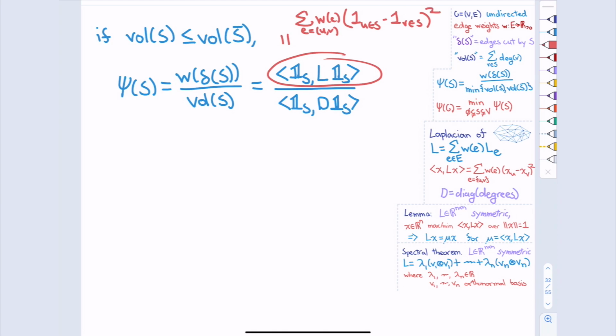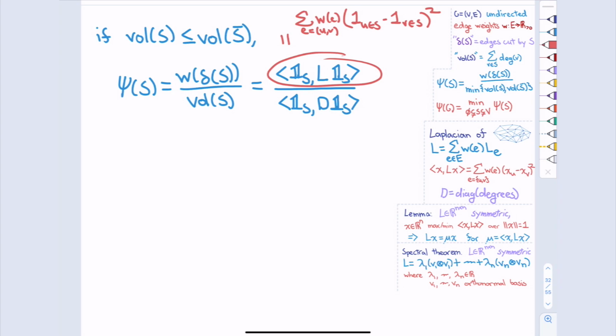If U is in S and V is in S, you just get 0. That term disappears, so you don't get any points for that edge. If U is in S and V is not in S, then you get 1 minus 0 squared. That gives you 1, and you get to sum up the weight of the edge. So this expression, 1_S transpose L 1_S, applying L to the indicator vector of S, will count the weight of the cut.